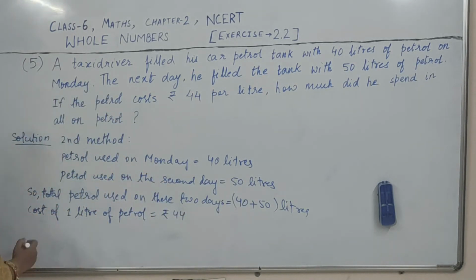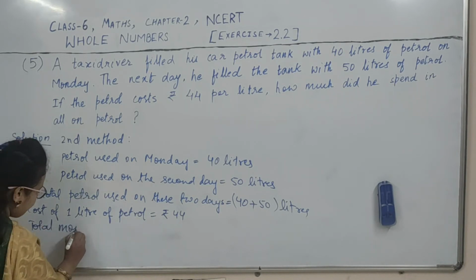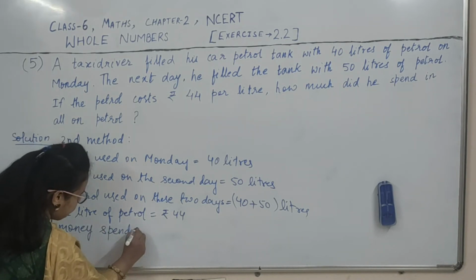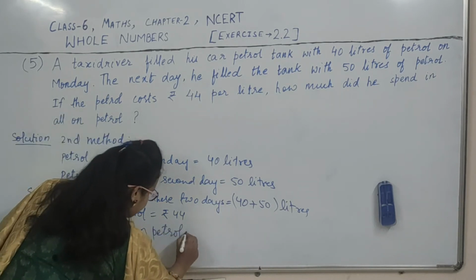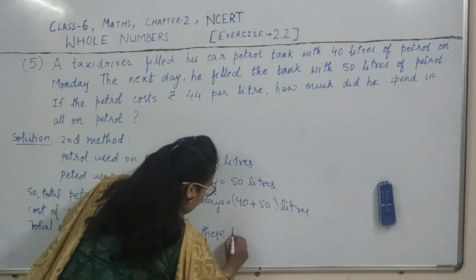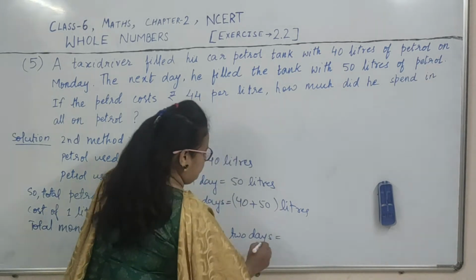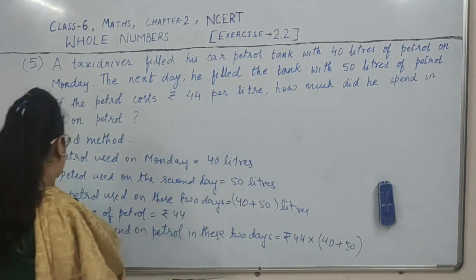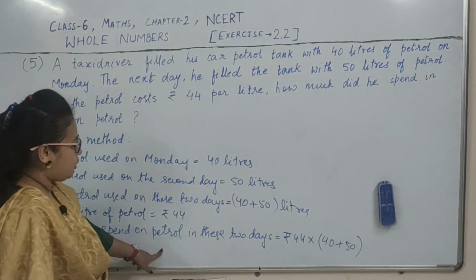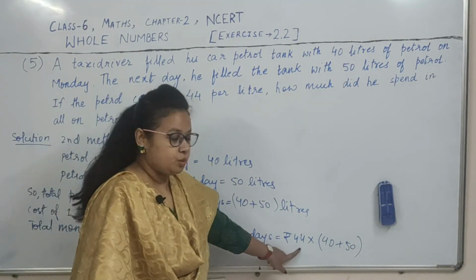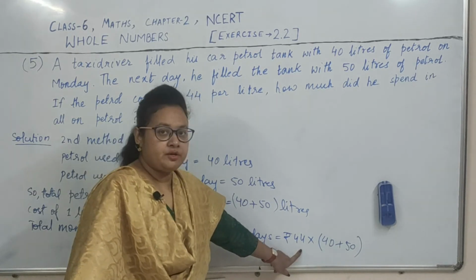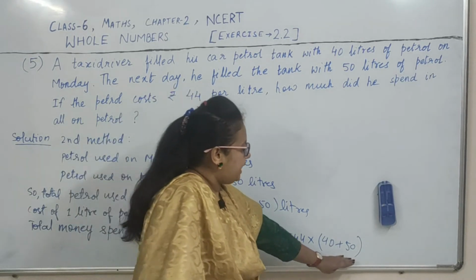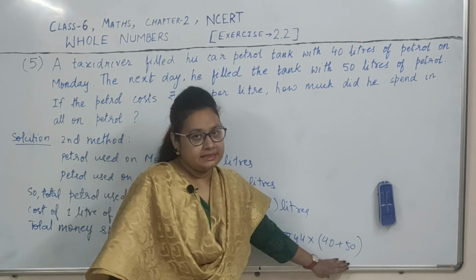Okay, so what we will do? Total money spent on petrol in these 2 days is equal to the cost of 1 liter of petrol multiplied by the total amount of petrol used in these 2 days.